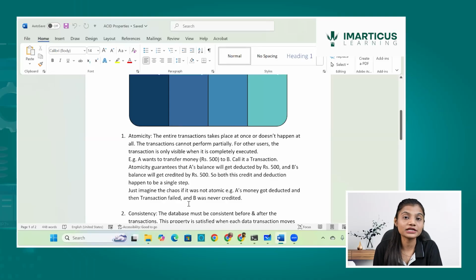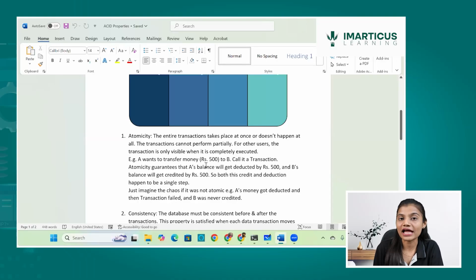Let's say I am sending money to another individual, let's say you. So it will be visible to you only when it is successfully transferred to your account by deducting it from my account. For example, imagine A is me and B is you. A wants to transfer 500 to B, and they want it to be called a transaction.